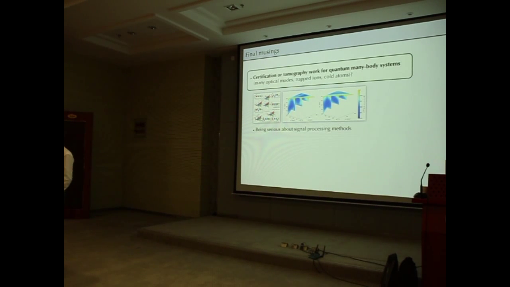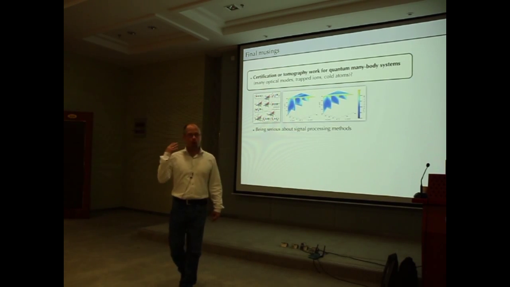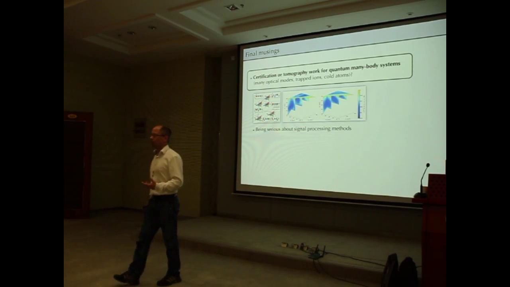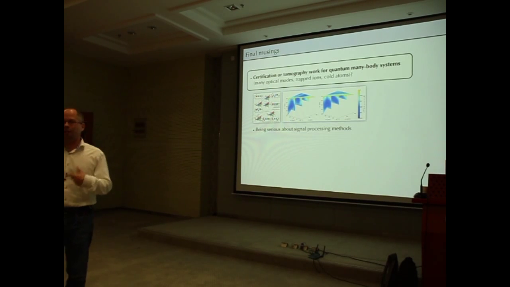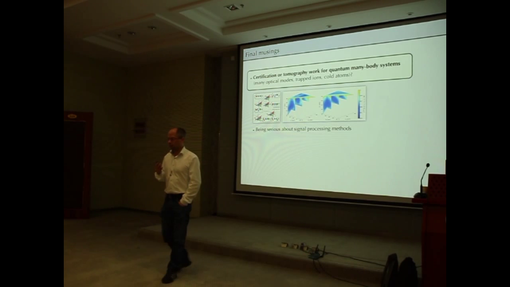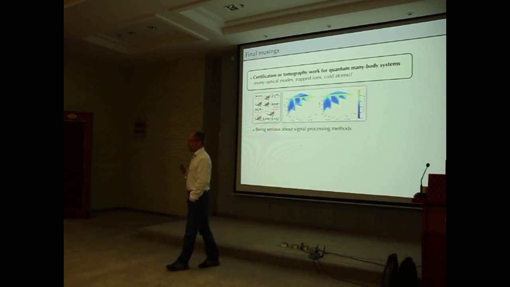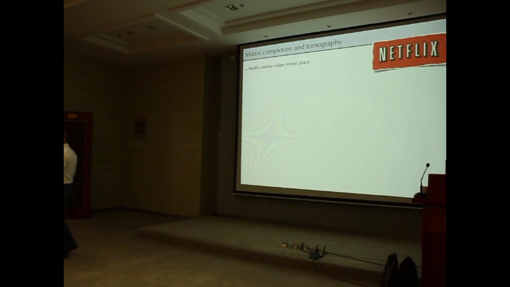And we've been working over the last years quite a bit on tools of tomography for quantum many-body systems, for many modes of the type we just said, but also cold atoms, trapped ions, and so on, in different ramifications, taking the signal processing aspect of things seriously. Maybe I'll only give one example of that type, which is related to the Netflix problem, as follows.